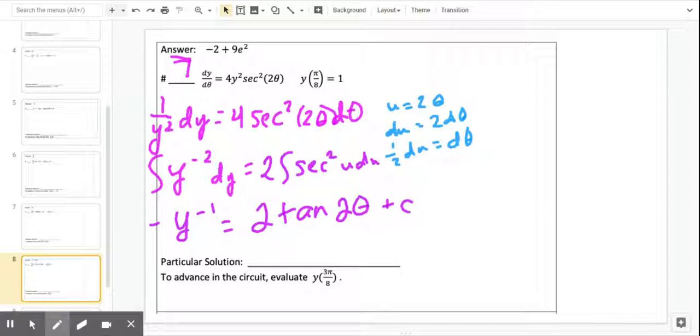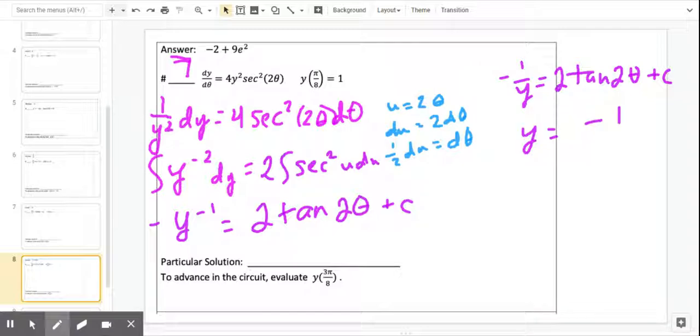All right, so now we have negative 1 over y. So this is negative 1 over y equals 2 tangent 2 theta plus c. So in order to get y alone, I'm going to take the reciprocal of both sides and multiply by negative 1.